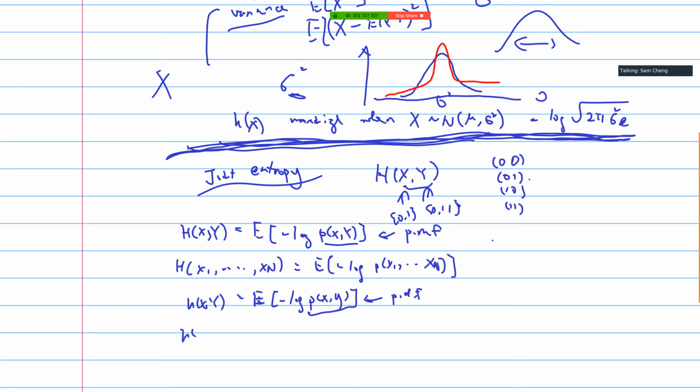And the same thing, x1 up to xn is the expectation of minus log p x1 up to xn. So exactly the same thing.